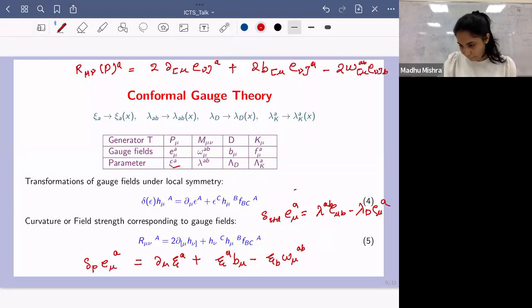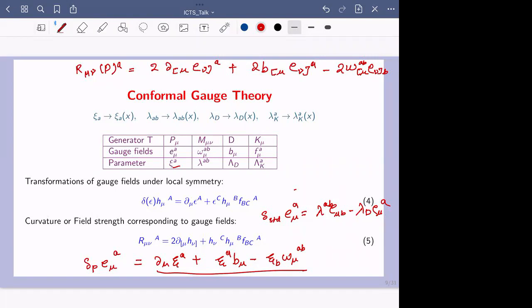We can see just from here that what we have to do is replace the parameter with the gauge field and anti-symmetrize. That's how we will get the curvature.